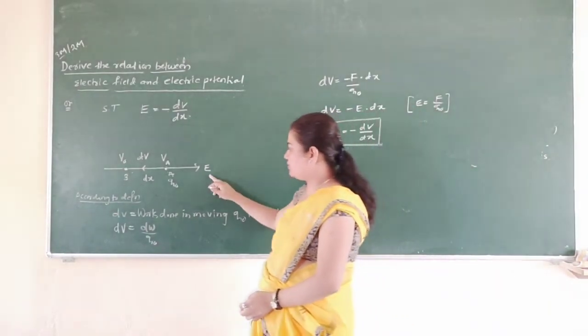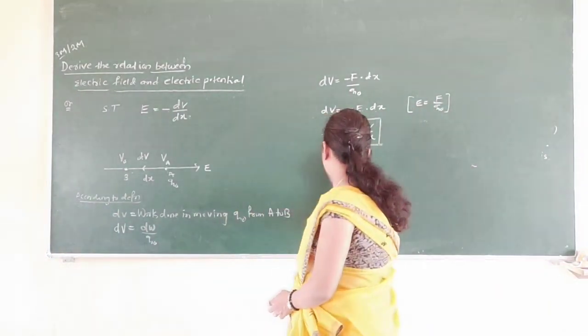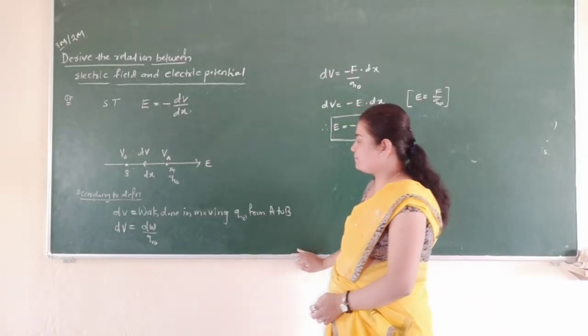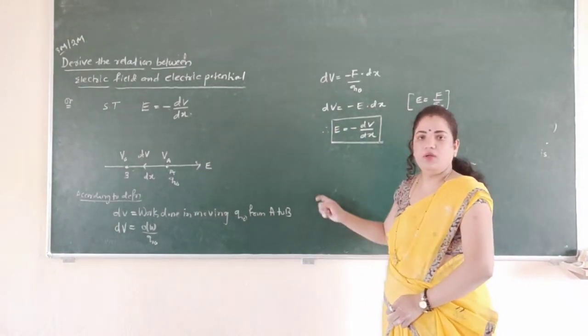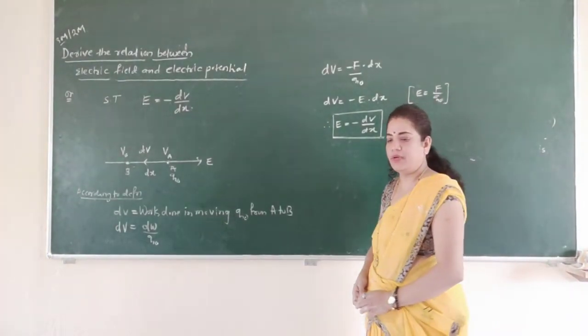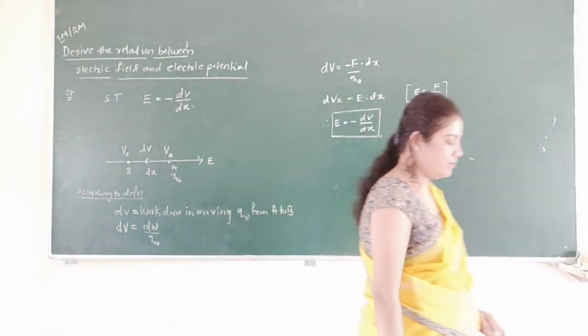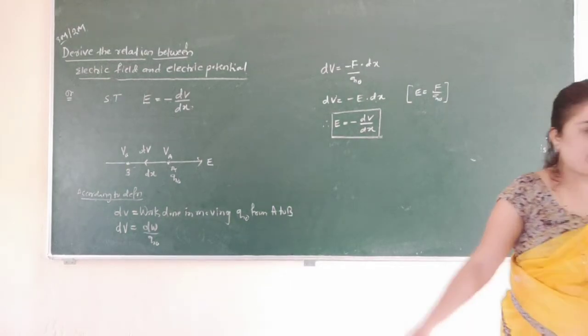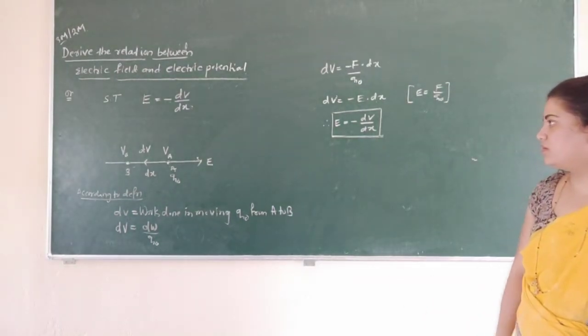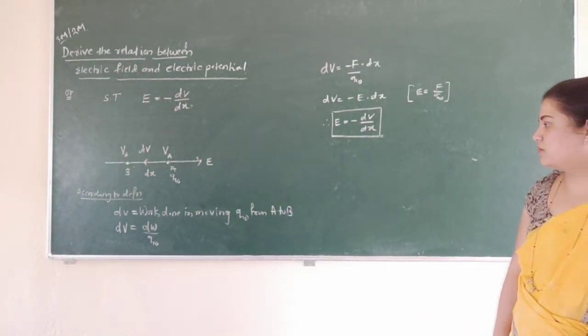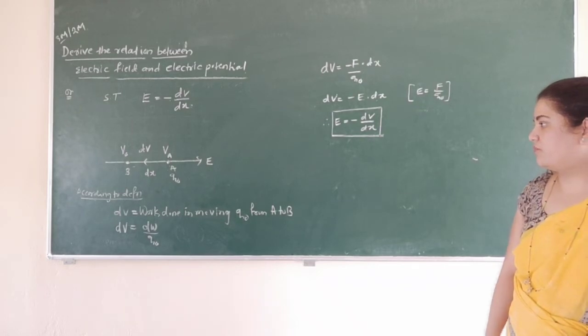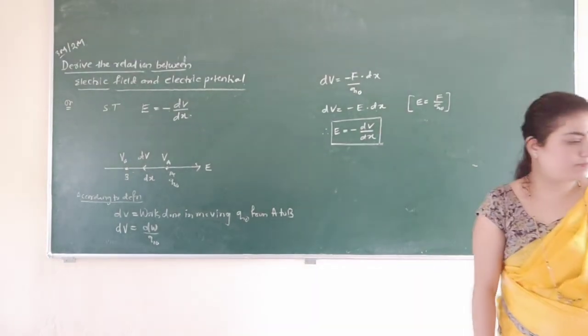The diagram carries 1 mark, the derivation 1 mark, and the remaining 1 mark for the result. Many times this question is repeated. So have a look at this derivation. If any doubts, you comment.